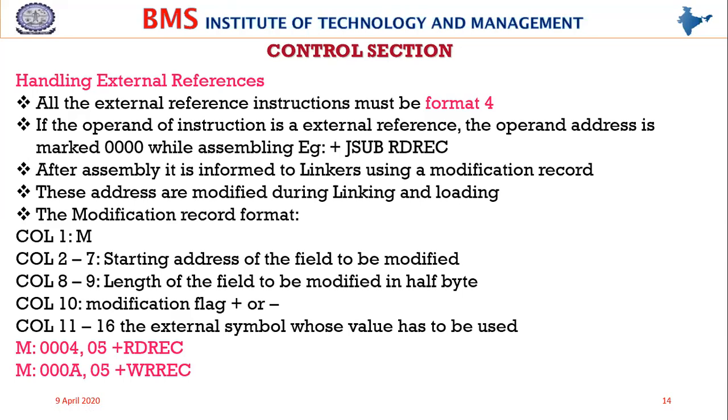These are the additional features we are covering. You can write the entire program in a single source file, but now you have a provision of writing the program in multiple source files and specifying the variables that are used.